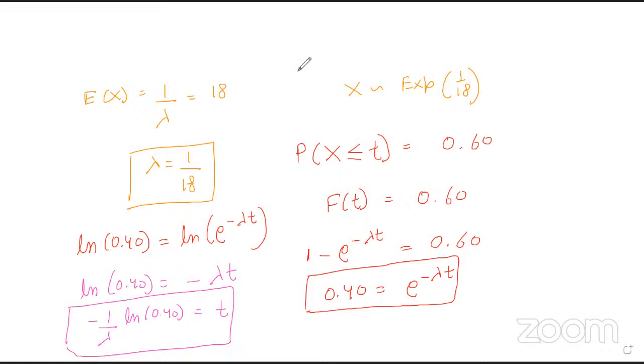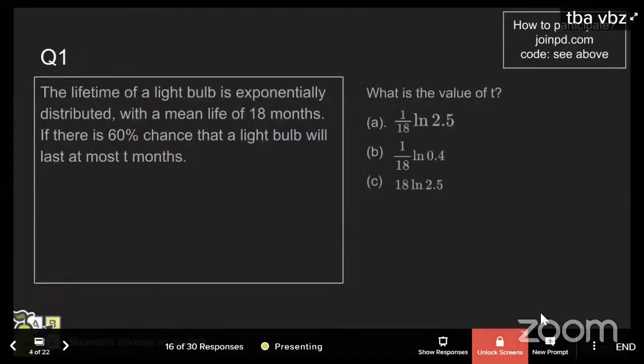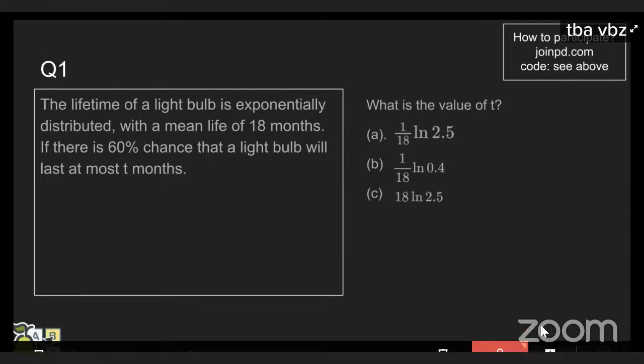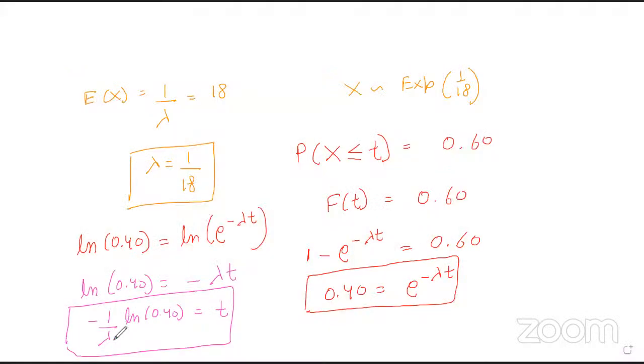Now compare it with the given options. You see it's 1 by 18 ln 2.5, 1 by 18 ln 0.4, and 18. So we need to get it into positive, right? There is no option in negative. So first I am plugging in the value of lambda. 1 by lambda is 18, so it's minus 18 ln 0.40 equals t.